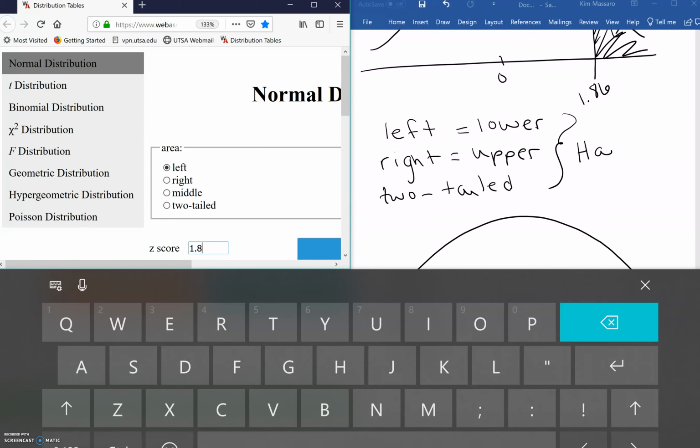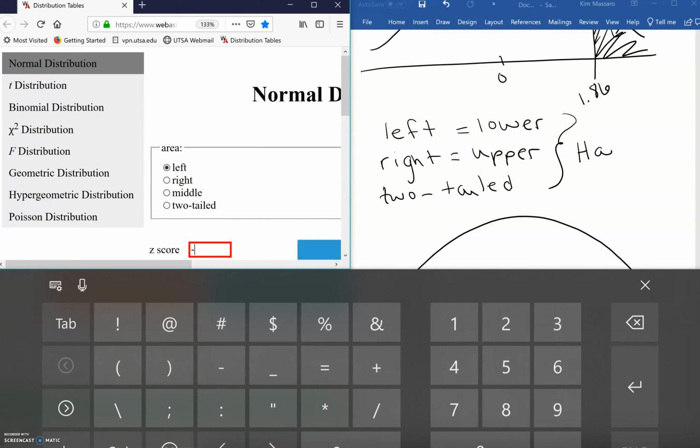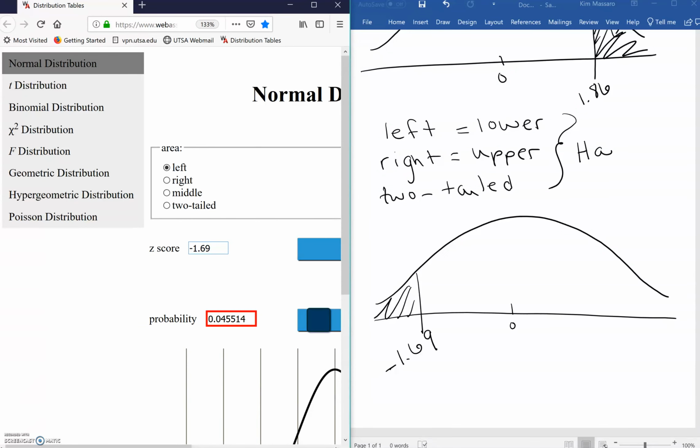I enter negative 1.69 into the z-score area. It gives us the corresponding probability, which is the area in the tail, of 0.045514.